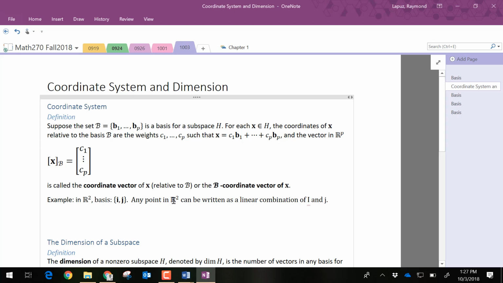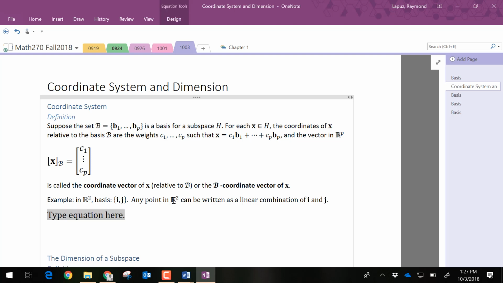So let's do an example. Can you give me any point in R2? Let's do -3 comma 4. Right? So -3 comma 4 can be written as a linear combination of I and J.